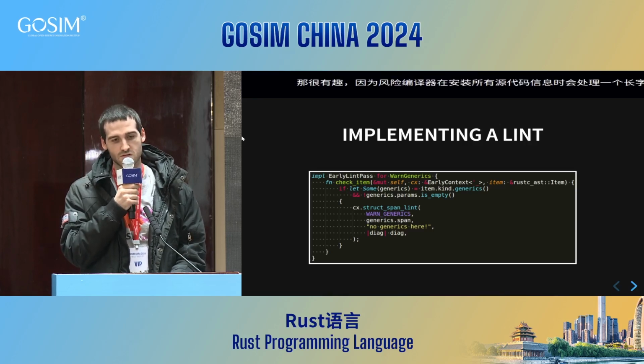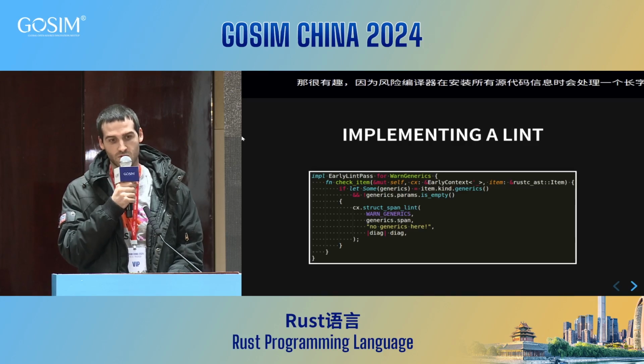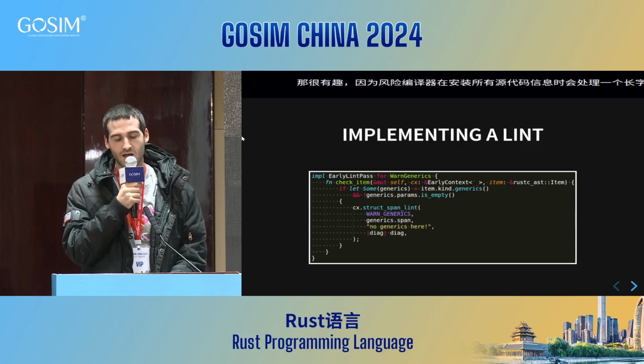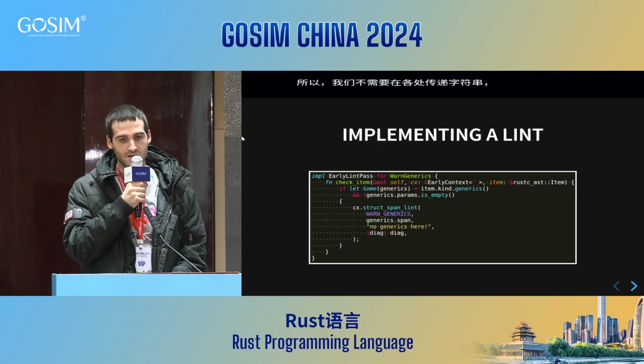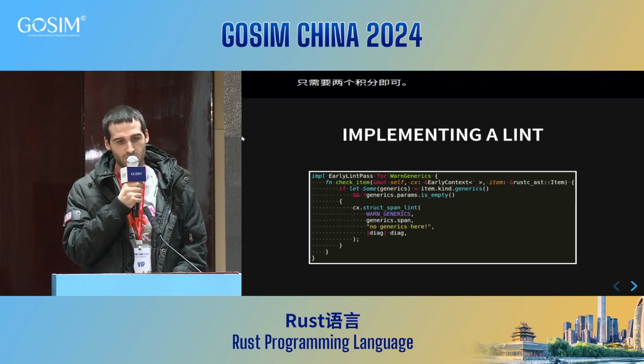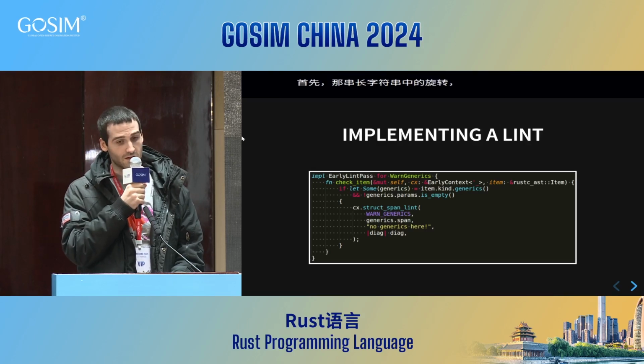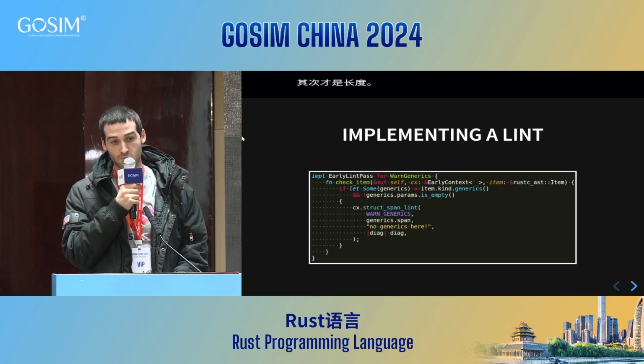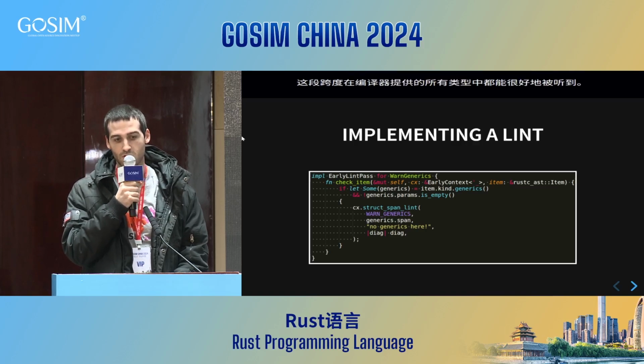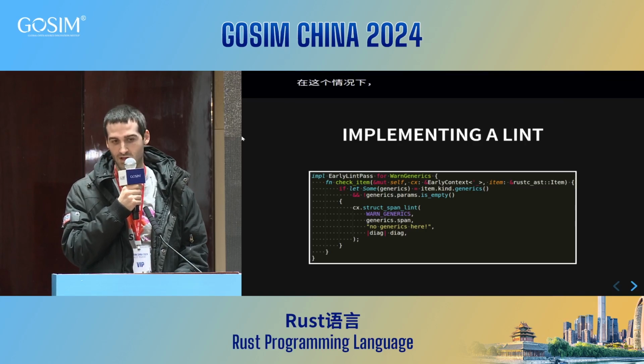First, the location in that long string, and second, the length. And that is what we call a span. And this span is available in all types provided by the compiler, meaning that here, the item also has a span, which includes the generics span. But here, since we want to only point at the generics, we only show generics.span, and that's it.